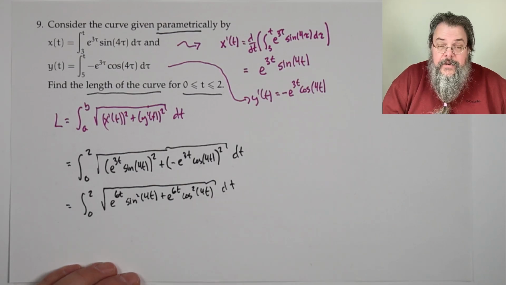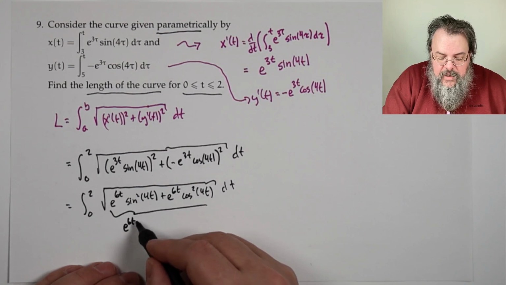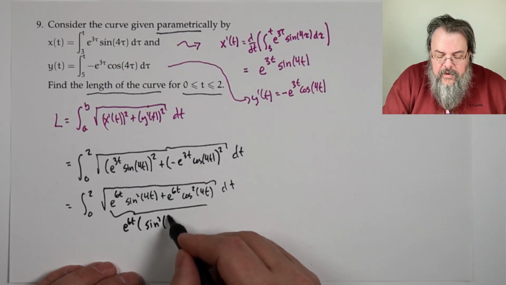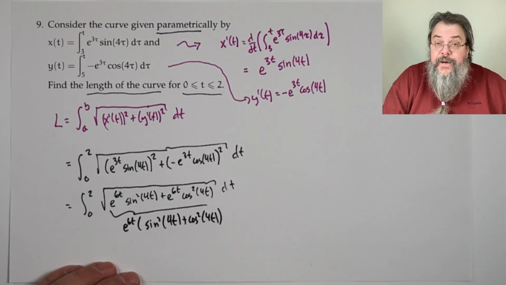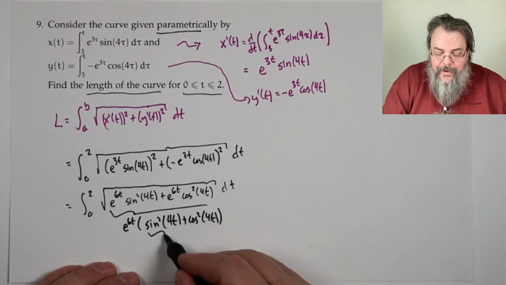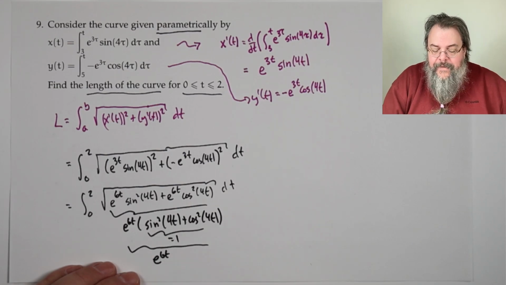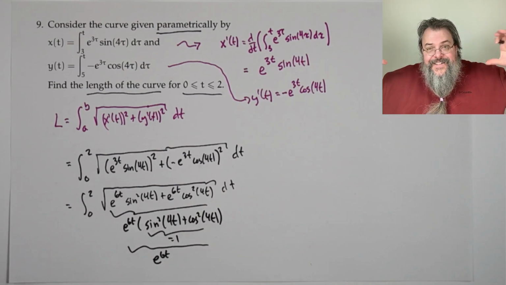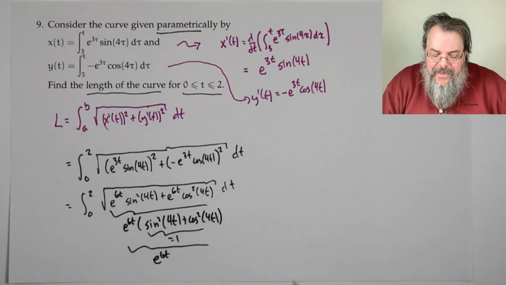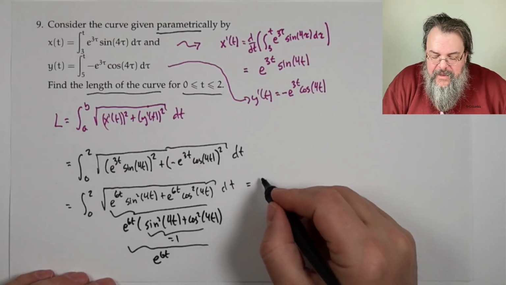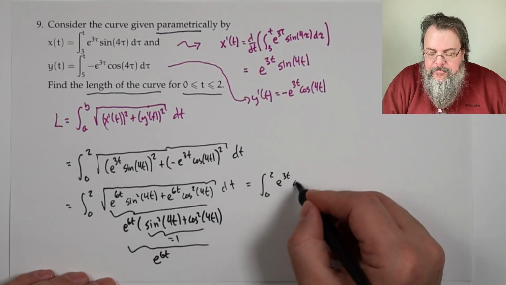Now, notice you can factor out e to the 6t, and you get sine squared plus cosine squared, which is also known as 1. So we end up with e to the 6t. All those sines and cosines go away. What's the square root of e to the 6t? The answer is e to the 3t.